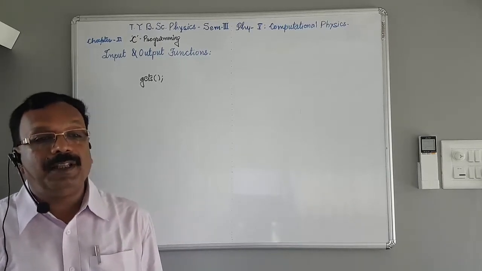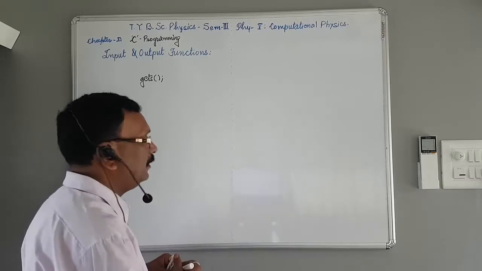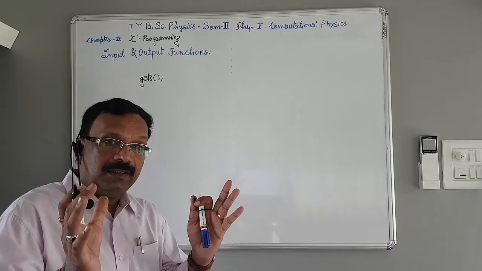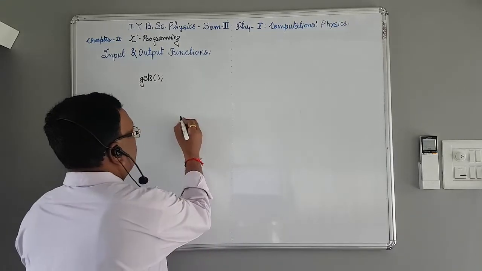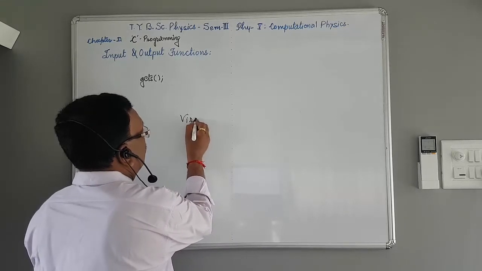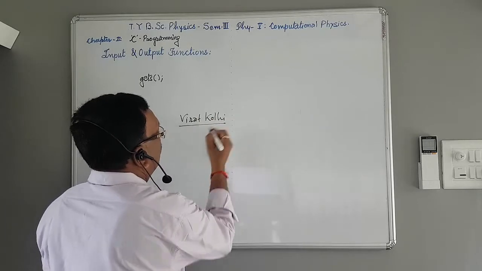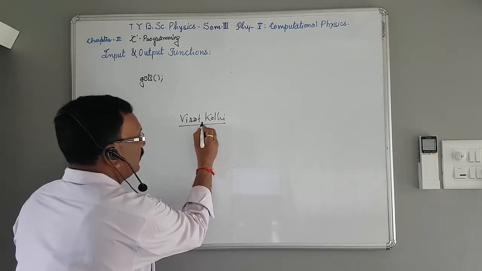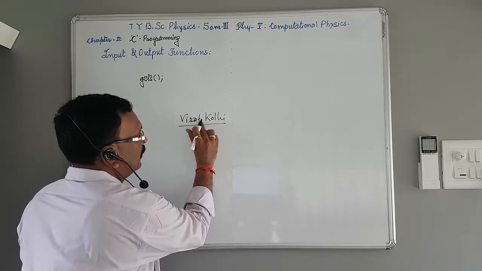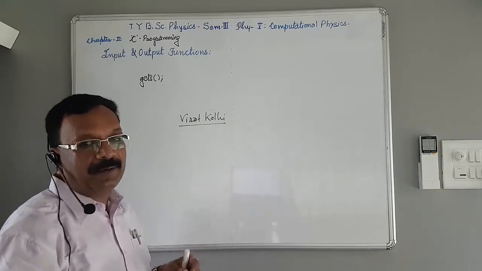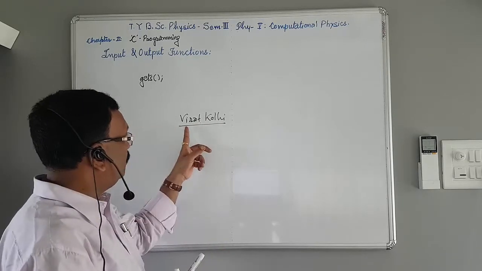If the input has a blank space, suppose we supply an input that is a string like Virat Kohli, this is string data, but there is a blank space or white space or tab between these two words.